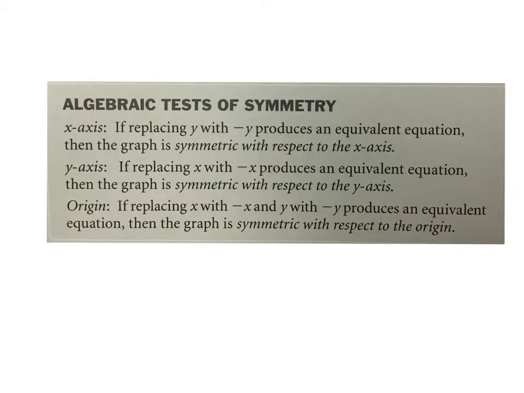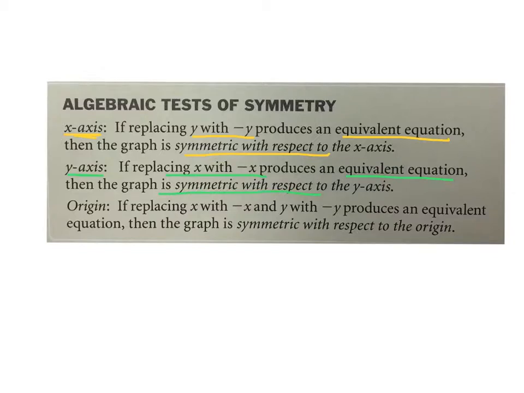All right, here's the algebraic. Here's how we're going to test to see if a graph has symmetry or not. With the x-axis, we're going to substitute a negative y for the positive y, and if the equation is the same or equivalent, we're going to say, okay, it's symmetric to the x-axis without even graphing it. The y-axis, we're going to do the same thing except with the x. We're going to put a negative x where the x was, and if the equation is the equivalent or the same equation, we're going to say, okay, it's symmetric to the y.